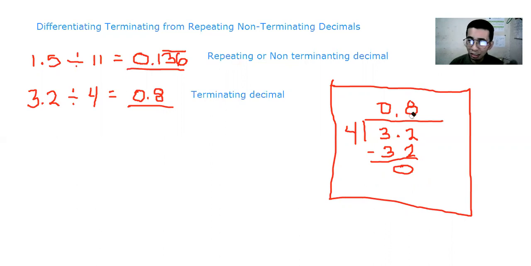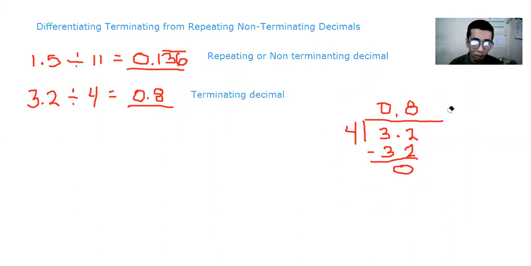Sa terminating decimal, hindi siya paulit-ulit, diba? So, nag-0 na tayo dito. Wala na tayong pwedeng ulitin pa. Hindi naman tayo pwedeng maglagay ng bar dito dahil hindi naman uulitin si 8, 0 na nga yung ating remainder. Diba? So, kapag nag-subtract tayo, naging 0 na yung sinubtract natin, so, wala na. Ito na yung ating final answer. Hindi na tayo pwede magdagdag pa. So, that is a terminating decimal.